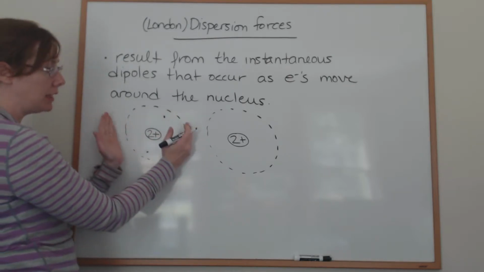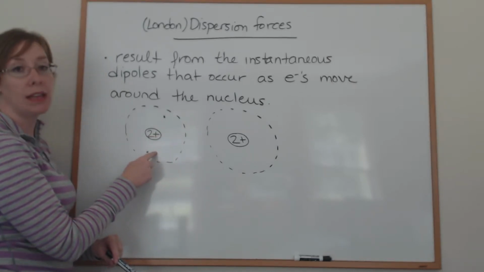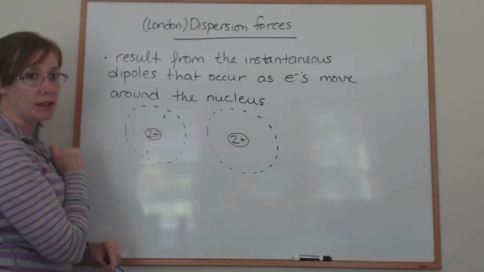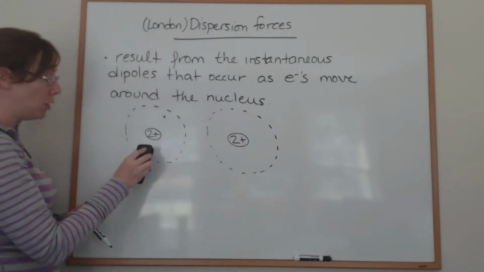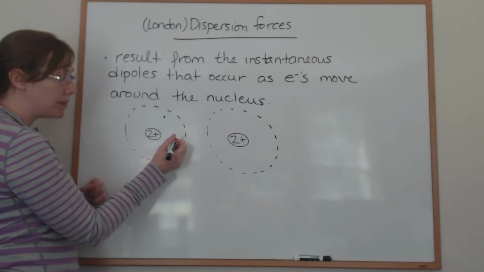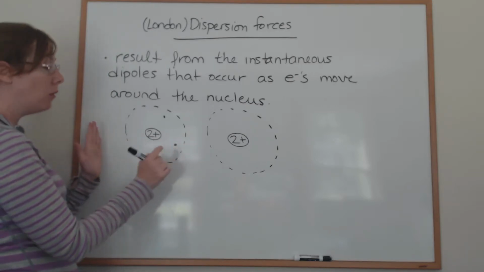Let me just deal with this left atom for now. Because the electrons are moving around, and we don't even know exactly where they are at any one moment, they might happen to be on opposite sides of the nucleus at any one moment. However, at any one moment, for really no apparent reason, they might happen to end up on the same side of the nucleus. Now, what happens?